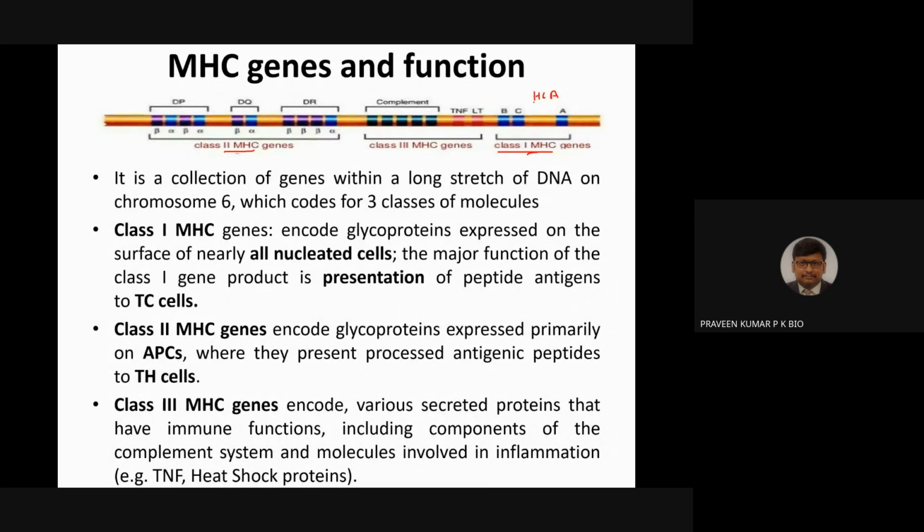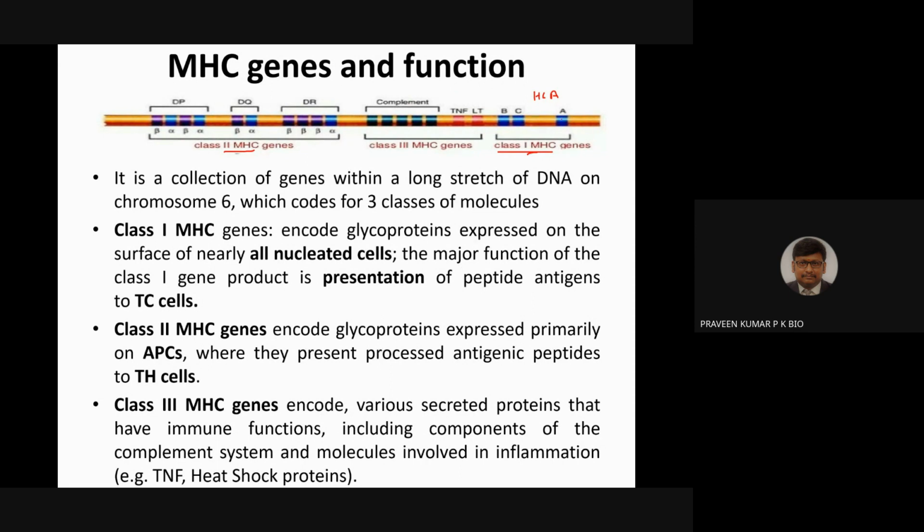The major genes of class 1 MHC you can find are A, B, and C. In the genome, generally these MHC molecules look like this, and after B, C, you can find E.